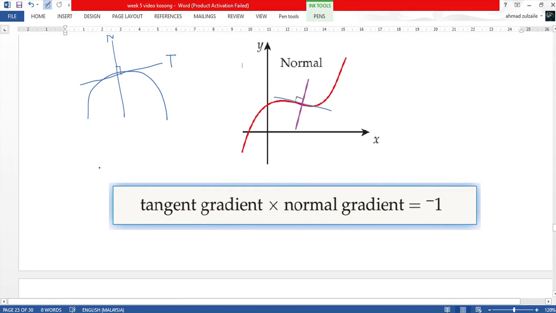Okay, alright. So apa kita boleh buat dengan these two properties? Actually, the relationship between tangent gradient and normal gradient is the product of both equal to -1.